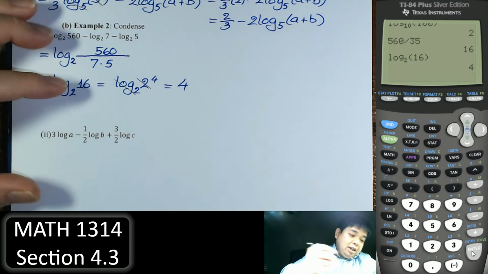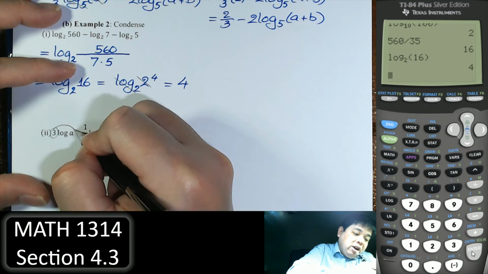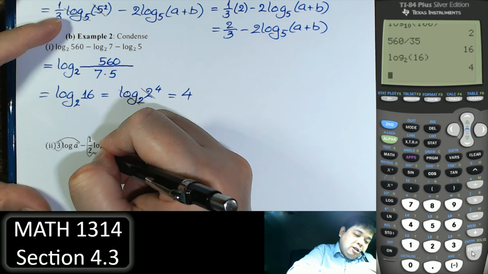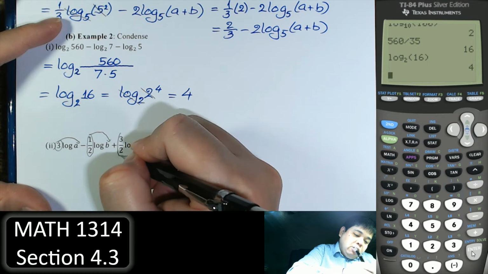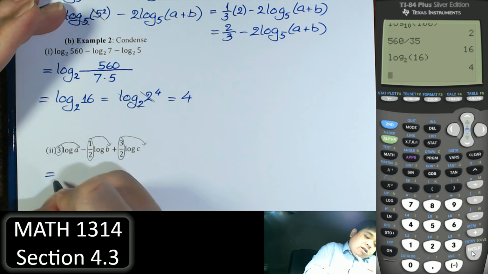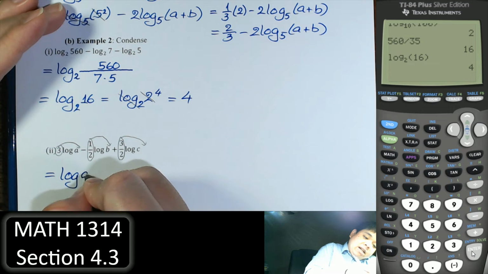But in order to combine them, we have to have one of each log. So one of this log, one of this log, and one of that log. So first I'm going to take all the coefficients inside. So we have one of each log. By the way, this is base 10, or the common log.